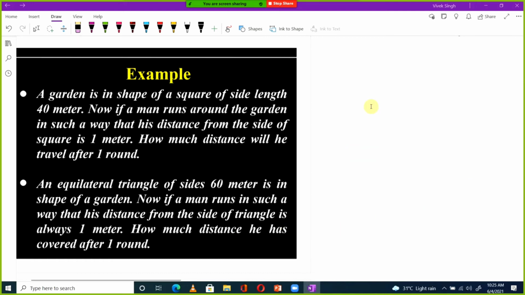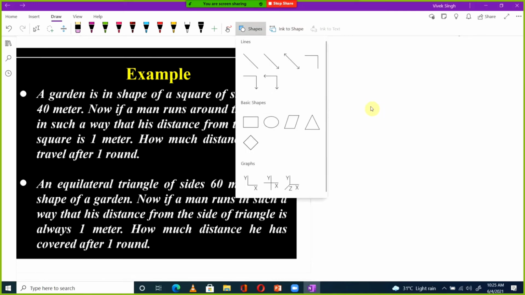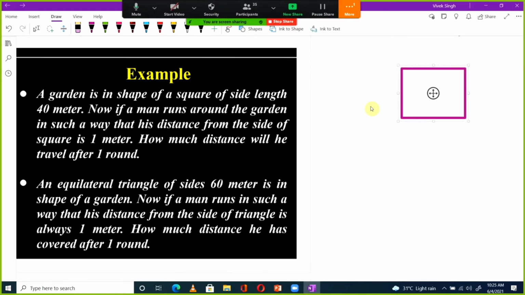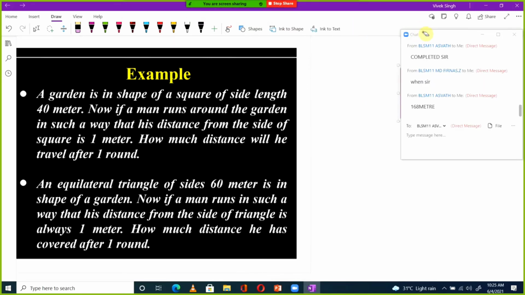So they are saying that a garden is in shape of a square. So it will be like this, square. Let's say this is your square. Okay, Aswat, you are getting 168 meter.